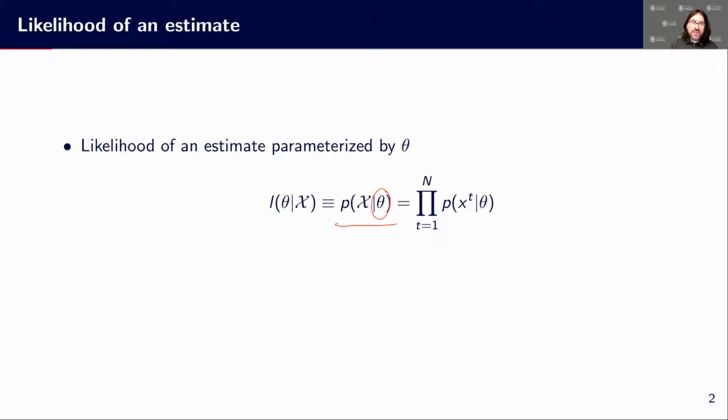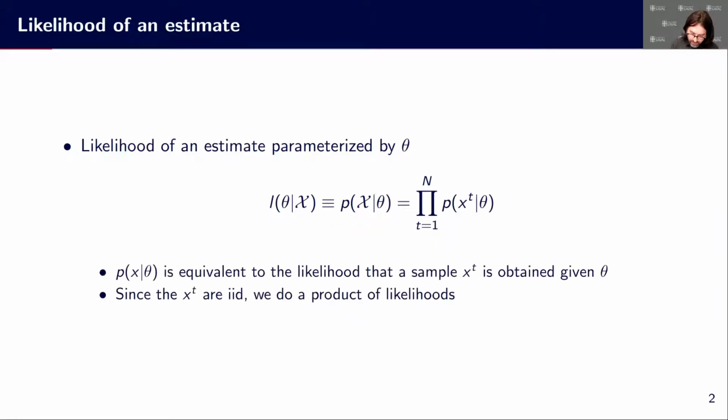And this can be simply described, given that the samples are IID, so they are independent, identically distributed. We can simply state that this corresponds to the product of our individual likelihoods, the likelihood of the individual samples, x1, x2, up to xn.